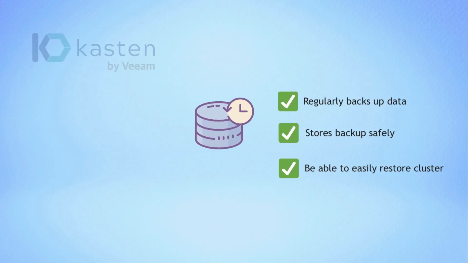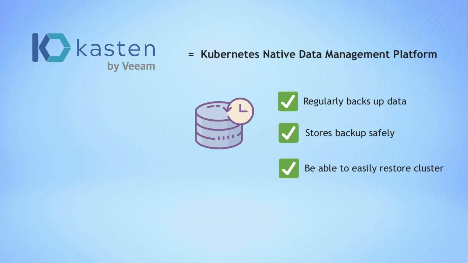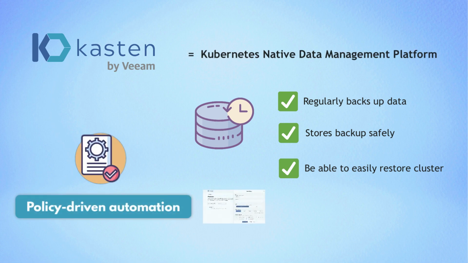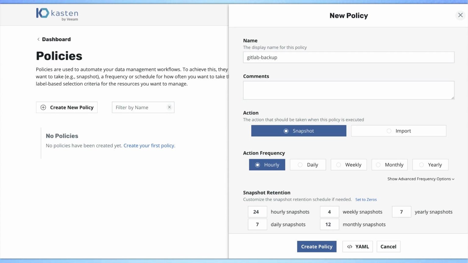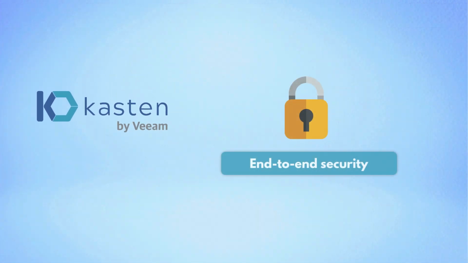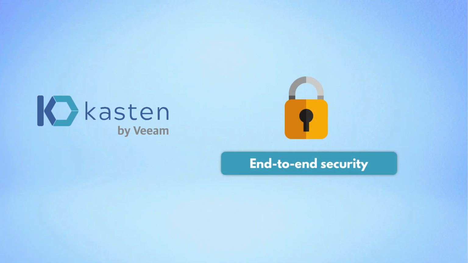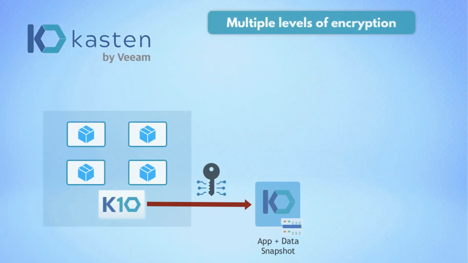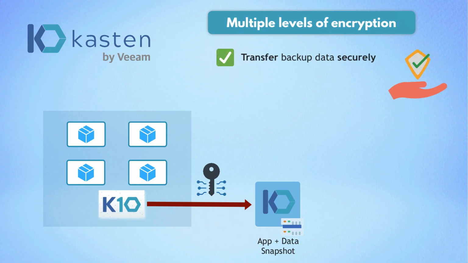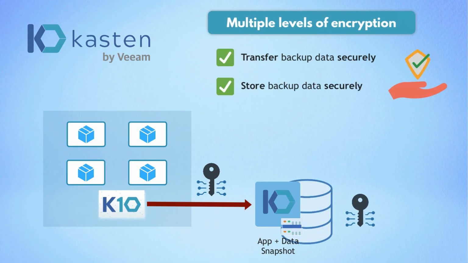And Kasten's K10 is actually a Kubernetes native tool that you can use to configure this automated backup and restore. And since, as I mentioned, K10 is so focused on security, they have all the mechanisms in place to both transfer the data as well as store that backup data securely and encrypting it throughout.